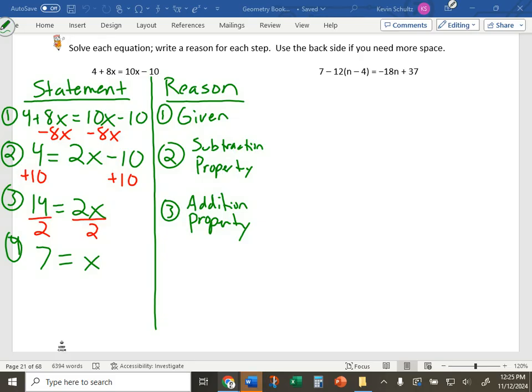And what property can we use to defend this? Division property. Isn't this kind of like just busy work, writing out what you're doing? It's practice. In algebra, Evelyn, I had you show the red part because that's the algebraic work that goes into solving this.